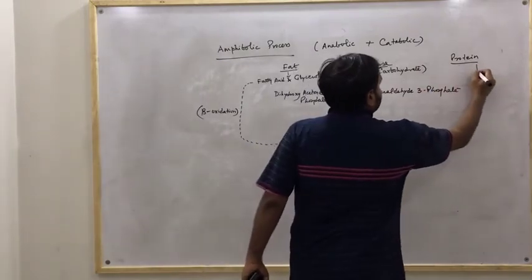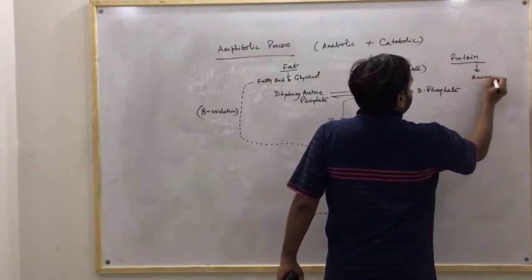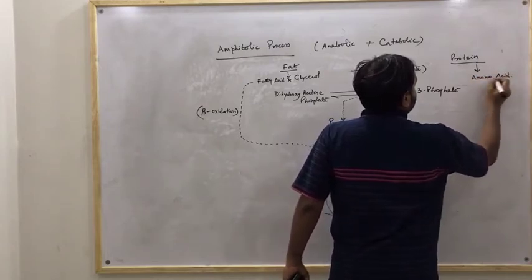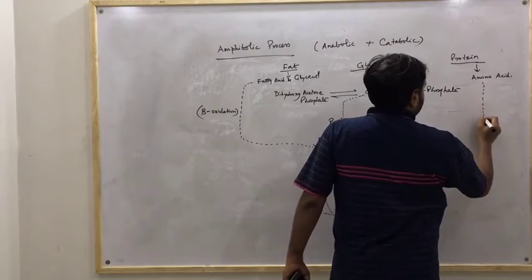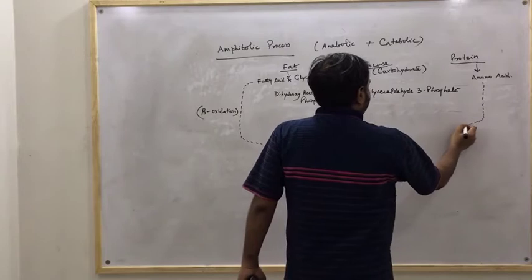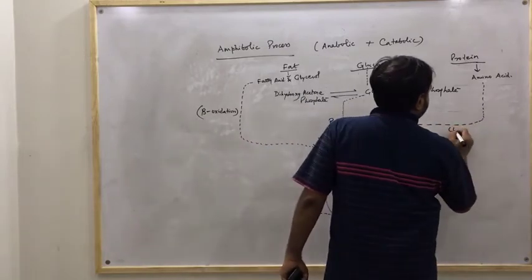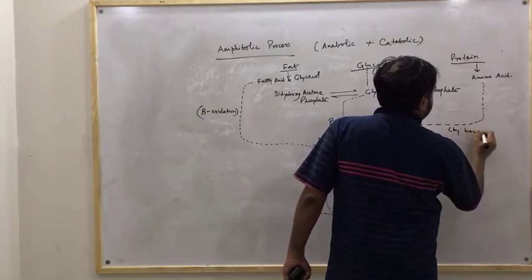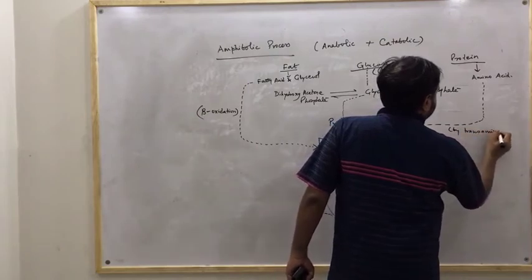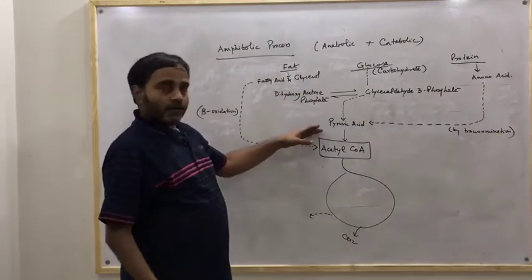Likewise protein will form amino acids, which on further process of transamination result in the formation of pyruvic acid. So that is occurring over here.